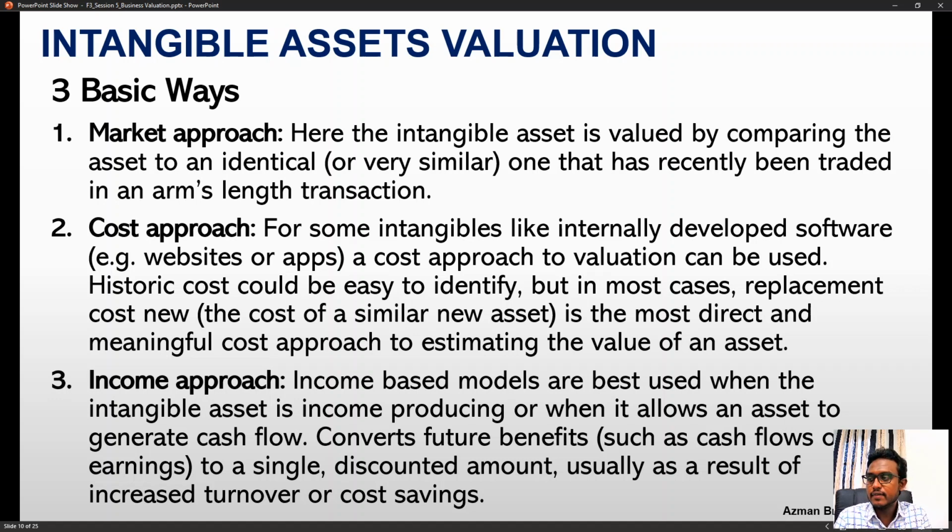So even, for example, if you were to implement a process automation system, which can be in the form of an intangible asset, one way you can look at it is that the moment execution goes right, there are sales benefits and there are definitely cost benefits also. So you convert them into a certain quantified number and discount it into today's value. There you have a rough estimation of the value of this intangible asset.